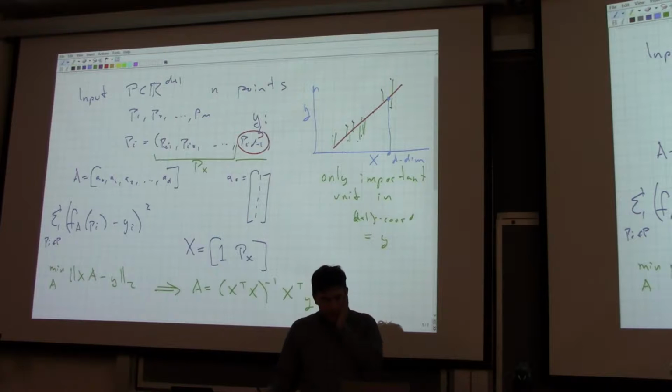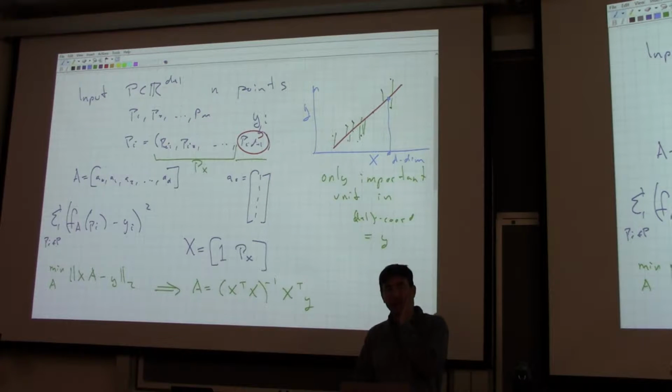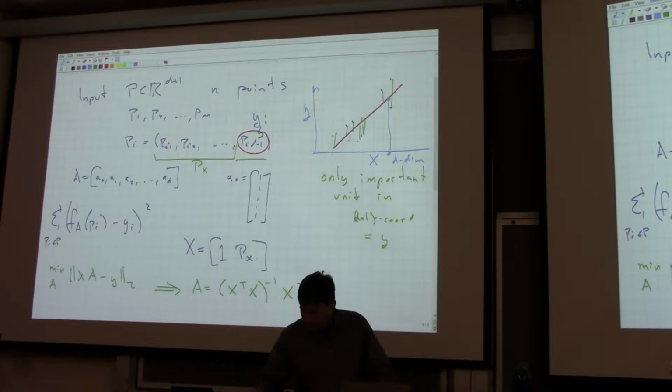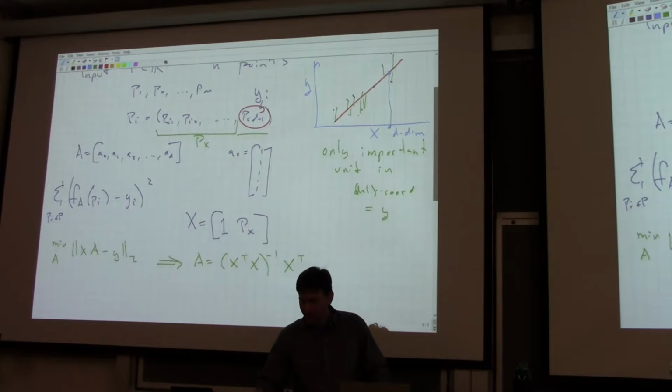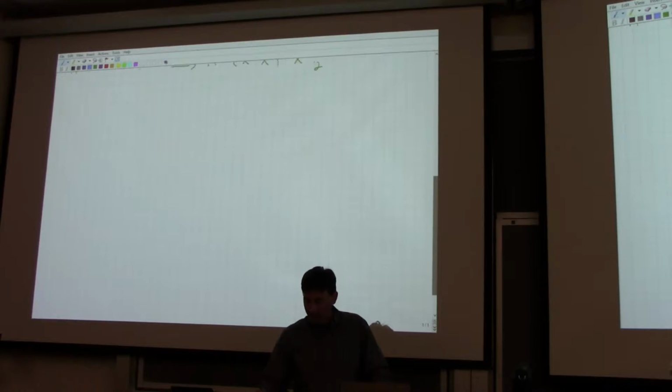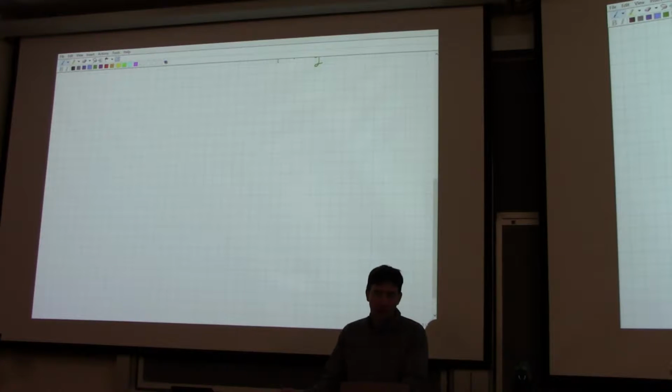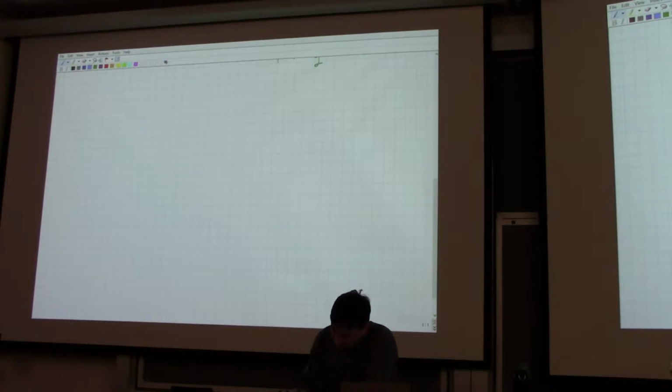Okay, so this is the setup. This is ordinary least squares regression. Hopefully almost all of you have seen some form of this before, even before the preview lecture I gave a couple weeks ago. What we're going to be talking about today is regularization.